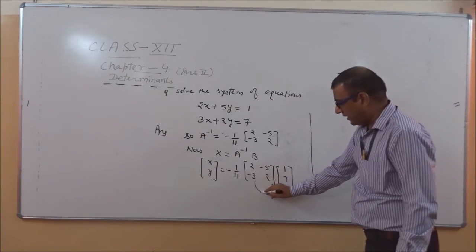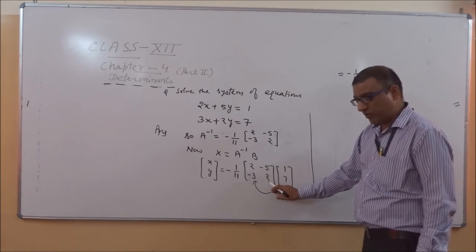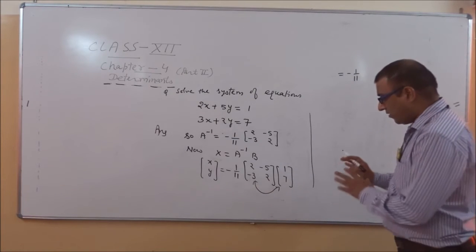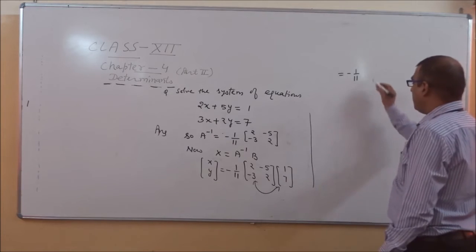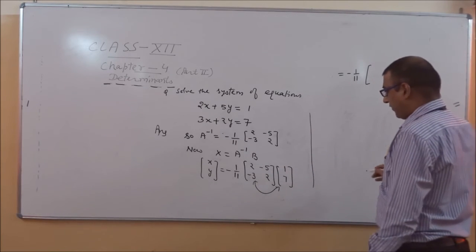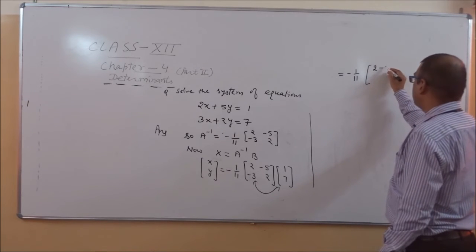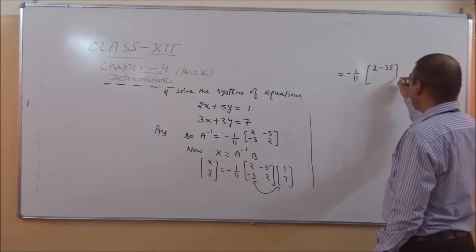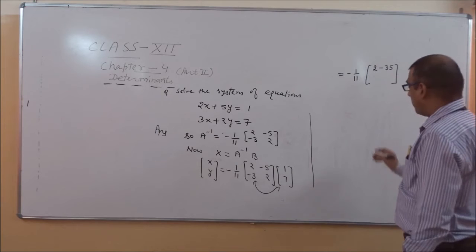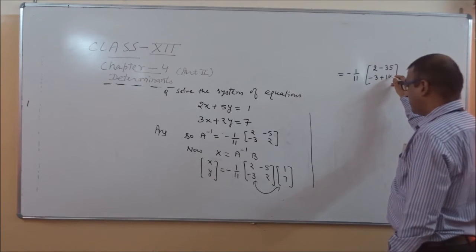Now we will multiply these two matrices. If you see, the order of this matrix is 2 into 2 and the order of this matrix is 2 into 1, so multiplication of matrices is possible. So how can we multiply? R1 multiplied by C1, write in C1 column, 2 into 1 is 2, and minus 5 multiplied by 7, it becomes minus 35. Then R2 multiplied by C1 and write in C1 column, that is minus 3 plus 2 into 7 is 14.